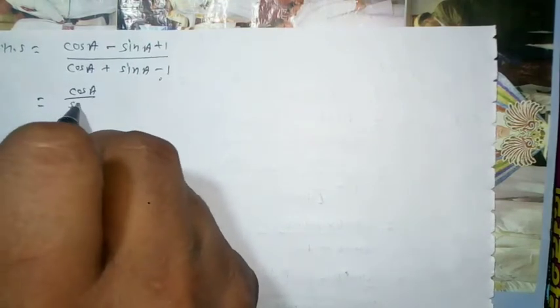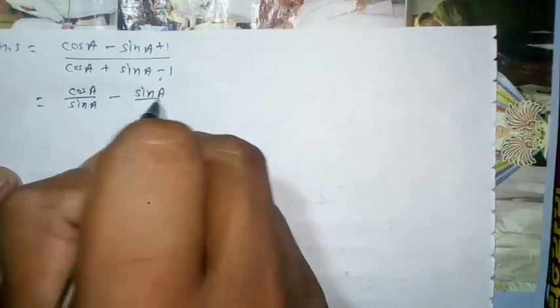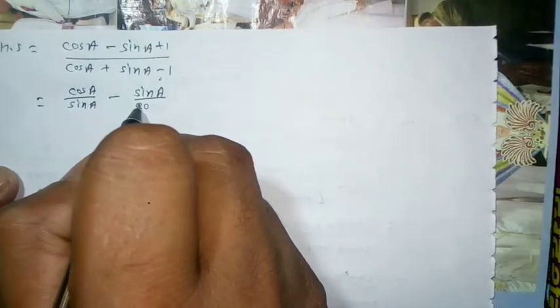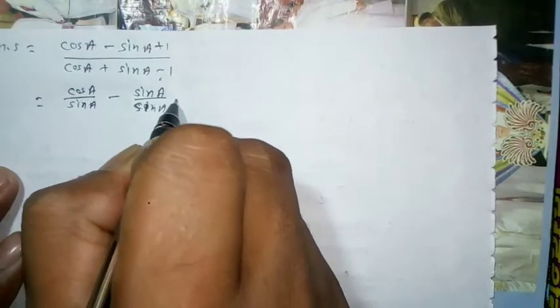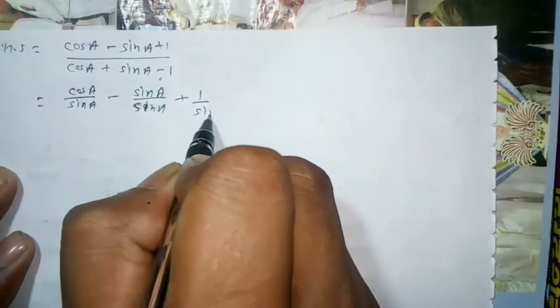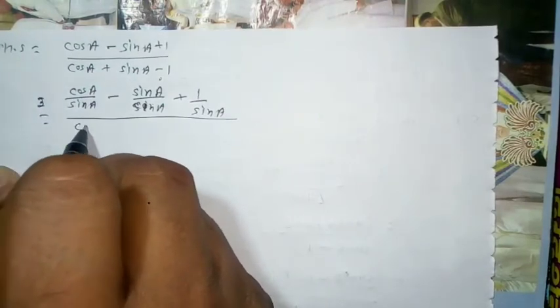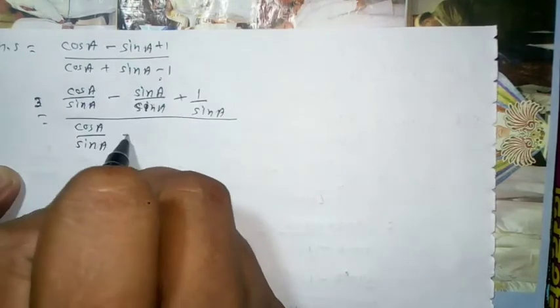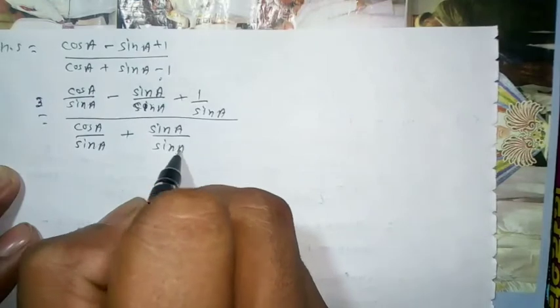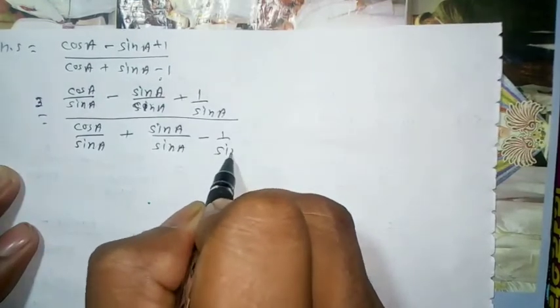Cos a by sin a minus sin a by sin a plus 1 by sin a, by cos a by sin a plus sin a by sin a minus 1 by sin a.